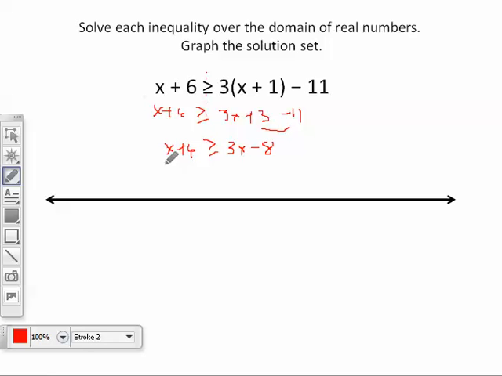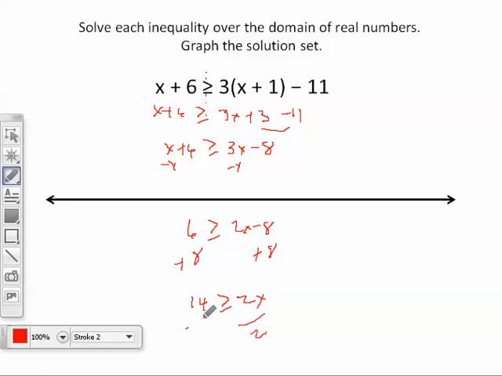Well, you know what? I'm going to subtract the x from this side because I like dealing with smaller numbers like that. And I'm going to get 6 is greater than or equal to 2x minus 8. Add 8 to both sides of this equation, and I'm going to get 14 is greater than or equal to 2x.